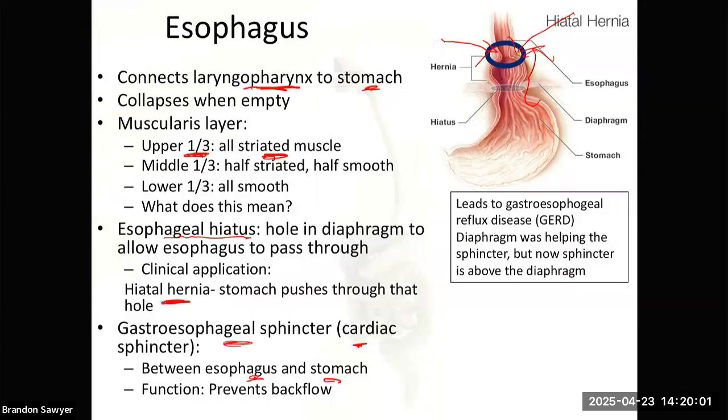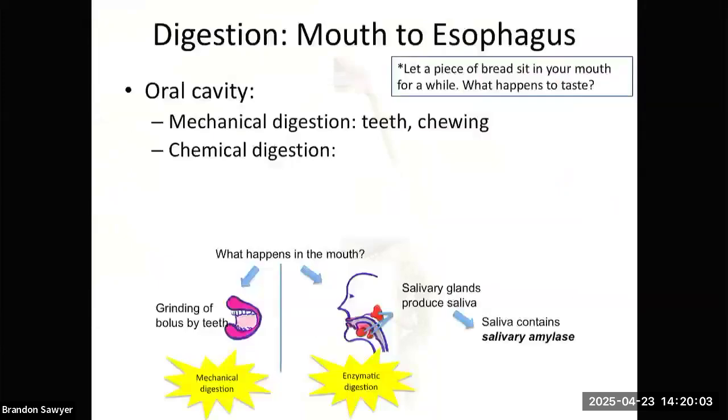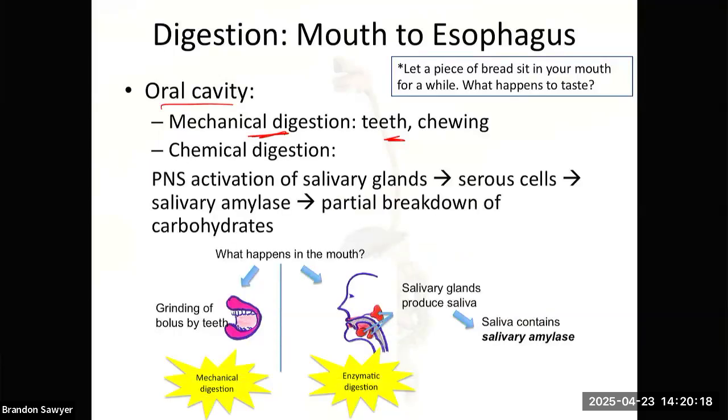All right, so let's talk about the digestion that occurs within this part of the tract that we're talking about here. In the oral cavity, we have mechanical digestion happening with our teeth, chewing, smashing stuff up. But we do have some chemical digestion as well. Chemical digestion occurs when we put food in our mouth.